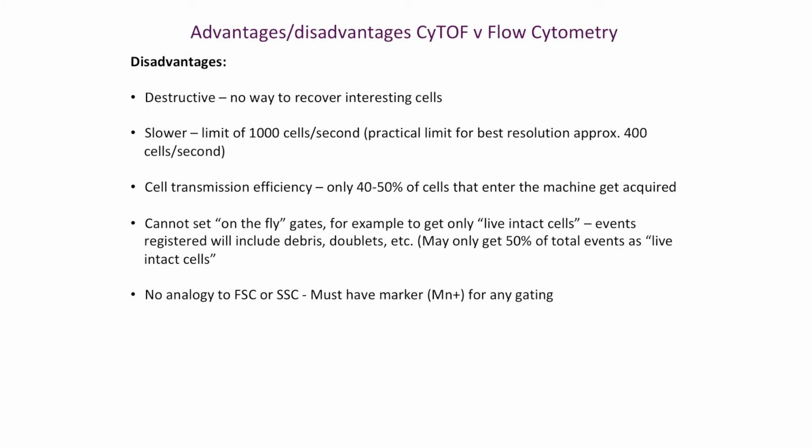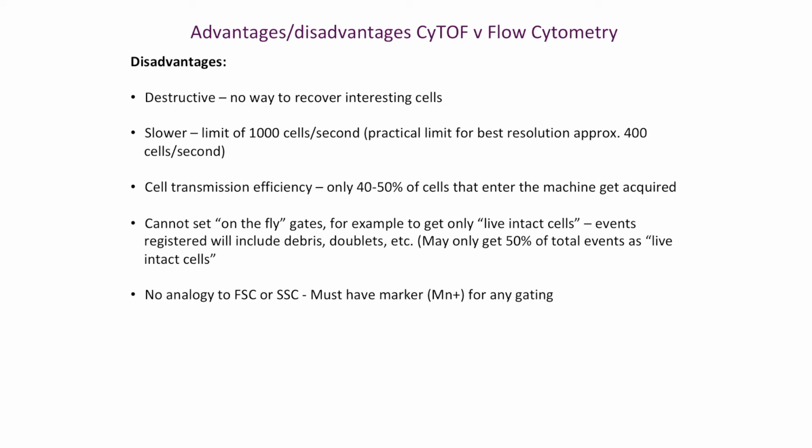CyTOF is a destructive technology. There is no way to recover cells. You cannot direct them to sorting. It's much slower, and for some tissues there are practical limits, from 1,000 to 400 cells per second.